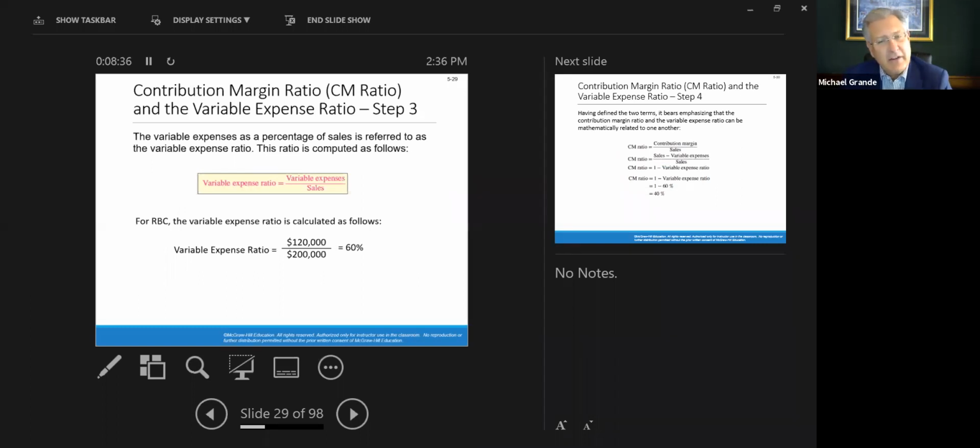Another way to calculate it is that the sales number is always the 100% number. And the variable expense ratio plus the contribution margin ratio must always equal 100%. So if you know two of those numbers, the 100% number and the variable expense ratio, you can conclude with the contribution margin percentage.